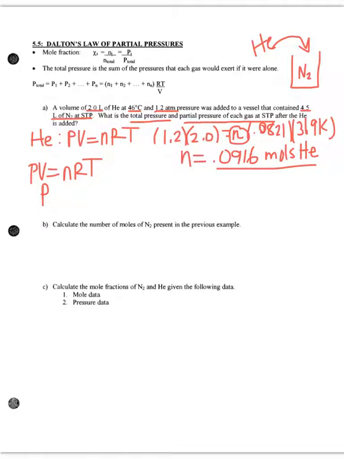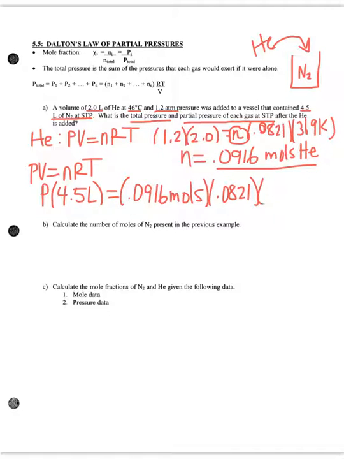The volume, it says right here, is 4.5 liters. So pressure times 4.5 liters. We know the moles, we just solved for the moles, 0.0916. R is the gas constant, 0.0821. Temperature in Kelvin: it says that the nitrogen container is at standard temperature and pressure, so standard temperature is 273 Kelvin.